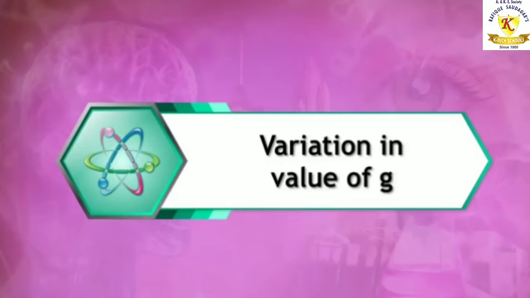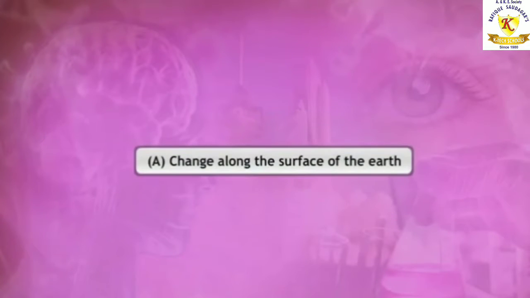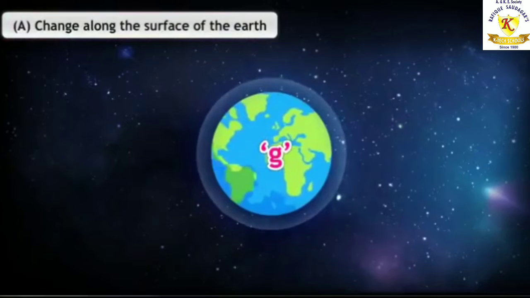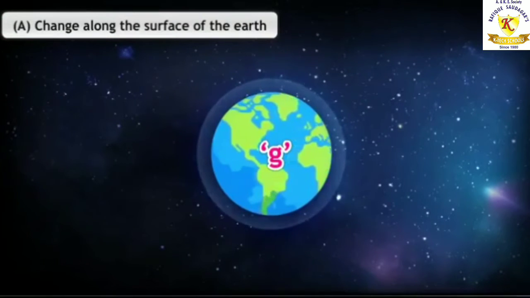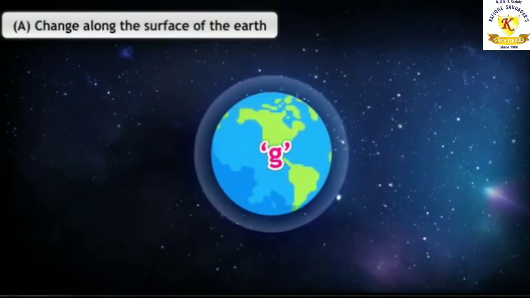Got it? Now let's study variations in the value of g. First, change along the surface of the Earth. Will the value of g be the same everywhere on the surface of the Earth?